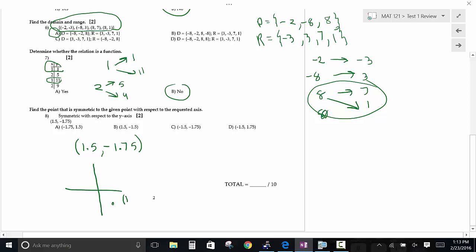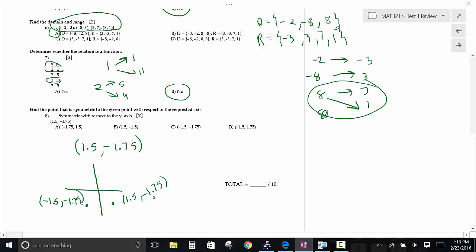This point is over to the right, and it's down some number of units. So if I move this over the y-axis, what changes in that point? The x value or the y value? Or both? The x value only, right? It's still going to be down the same amount, isn't it? But that x value has to move over to negative 1.5, negative 1.75. Okay, so that's how that's going to go.